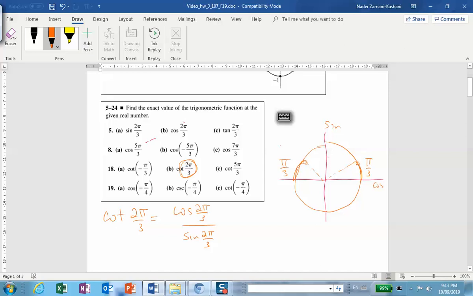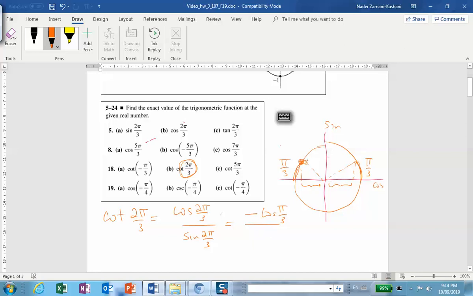And what that means is that cosine of 2 pi over 3 is negative of cosine of pi over 3. Because notice that the cosine of 2 pi over 3, this is the x length, is the same as this, except that it is negative of that. And sine of it is, of course, going to be the same value.